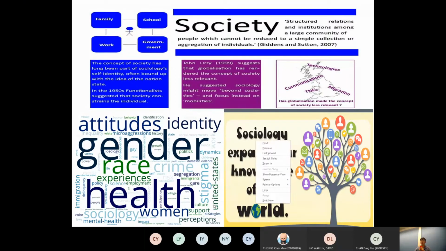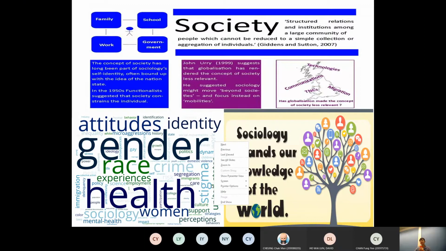Because stigma can be regarded as one of the major forcing factors for the emergence of discrimination and the controversial topics of race issues and gender issues. Because very often we cannot run away from our mindset, our mentality, okay?